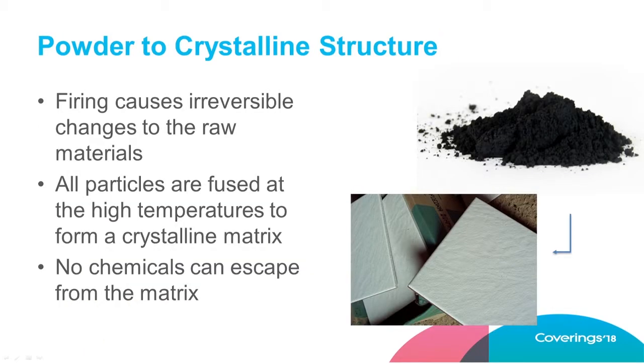Similarly, in tile, during those high temperatures, all the raw materials melt to a liquid stage and mix together, and once the temperatures are reduced, they all fuse together to form a complex, solid crystalline matrix. No chemicals can escape from this matrix.